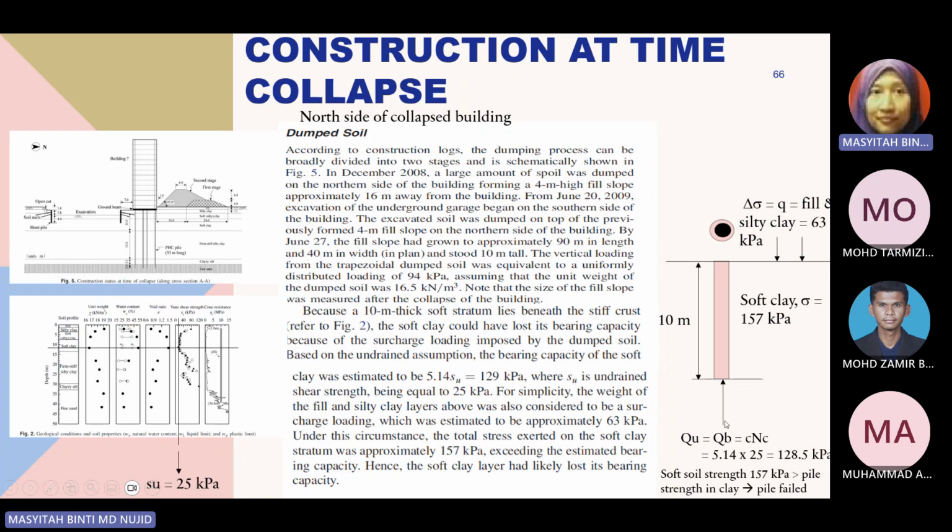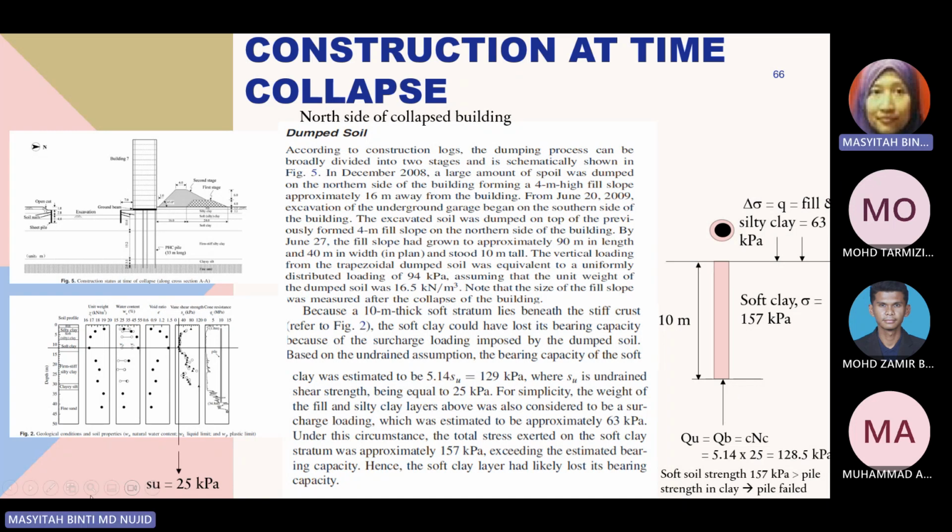Therefore, the pile failed. If you look here, we can already see that 5.14 multiplied by 25, which it can cater for, is 128.5. However, from the surcharge and the unit weight of the soil, 157 is larger than the pile capacity. So the stresses induced by soil caused the structure's pile to fail.